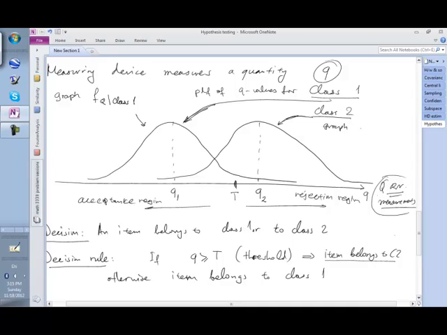The right one is the graph of the conditional PDF of Q given that an item belongs to class 2. And those are called priors.